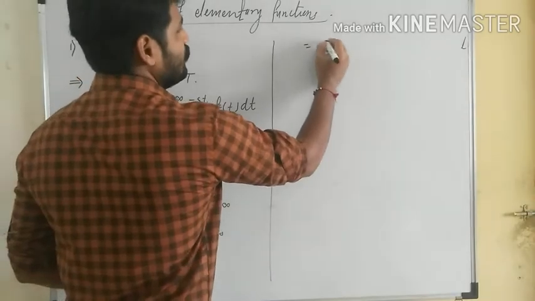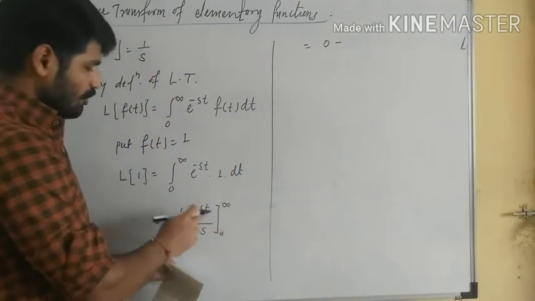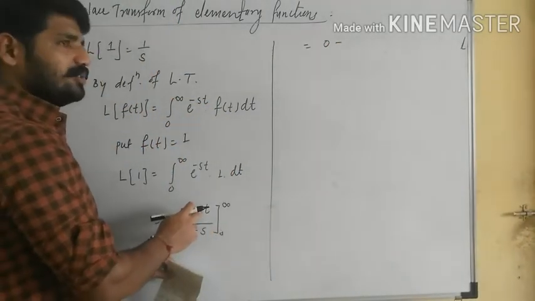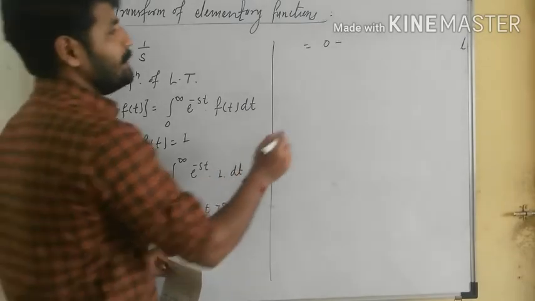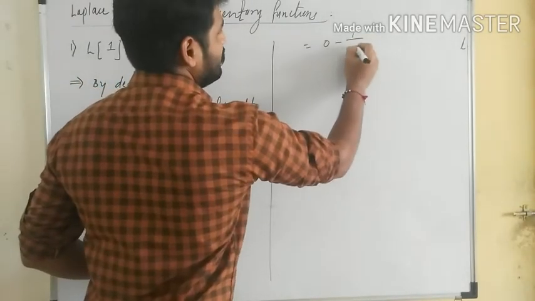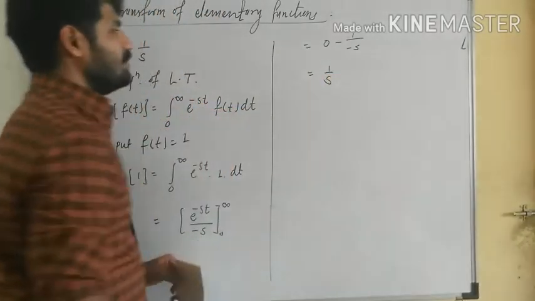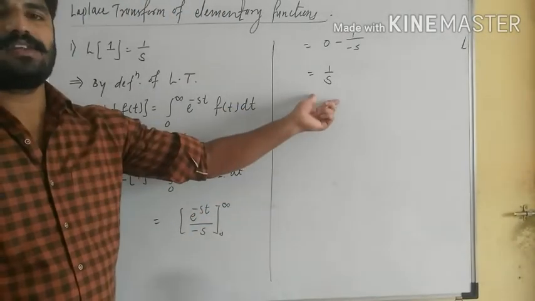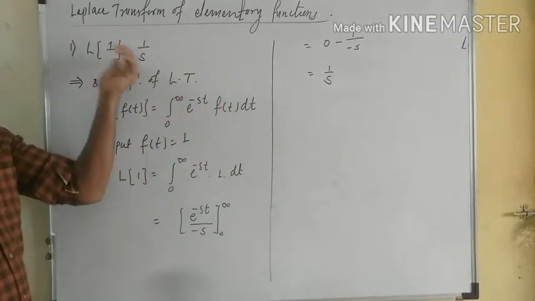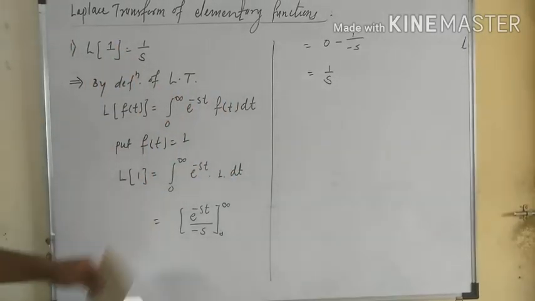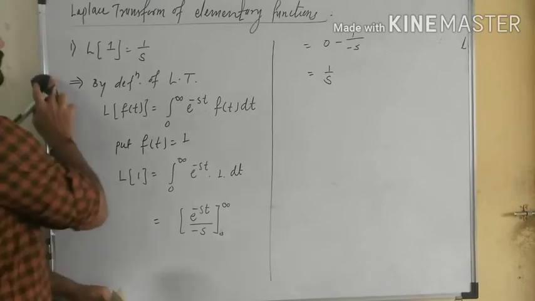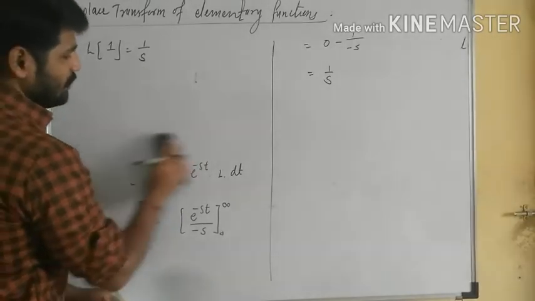So we get 0 minus, if we put the lower limit, e raised to minus 0, that is e raised to 0. e raised to 0 is 1. So we get 1 upon minus s, that is equal to minus minus plus 1 upon s. So this is the required Laplace transform of the constant 1. This is the first elementary function, which has Laplace transform 1 upon s.